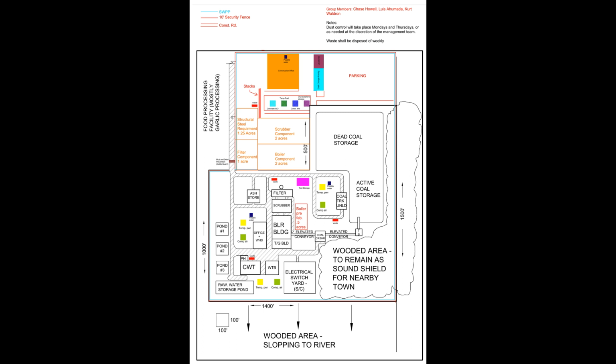After that, you'll notice the red lines on our layout. Those are our construction roads. They go from the parking, and then you'll notice there's some already in there around the plant. And then there's going to be a red line around the entire project. That's going to be our security fencing.